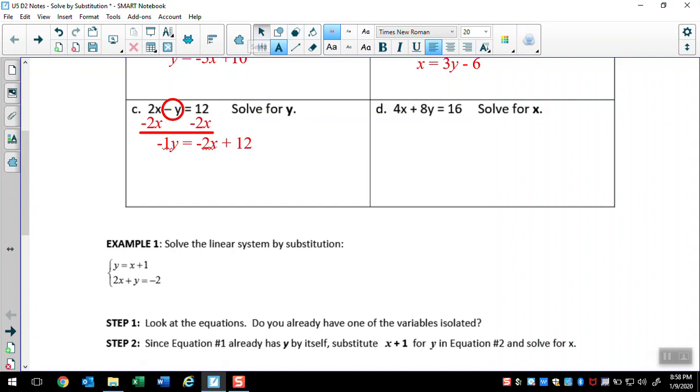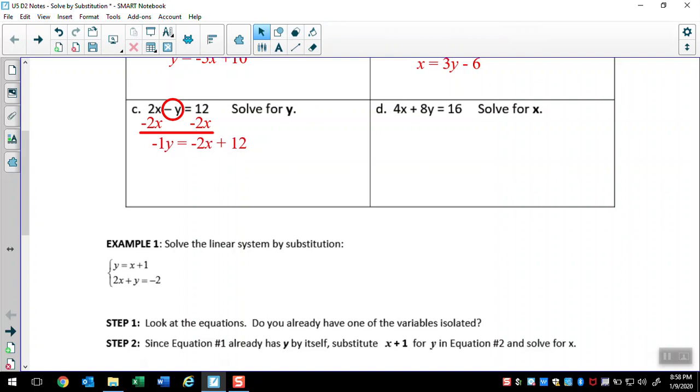So we can add that 1 if we really wanted to. And so now, to get rid of that negative 1, we can divide every term by negative 1. So every term will get divided by negative 1. Cancels those out, and now we're left with y equals 2x minus 2. We've now solved the equation for y.